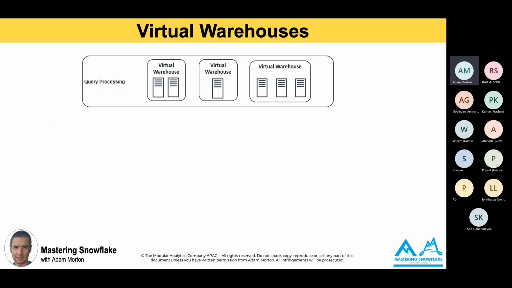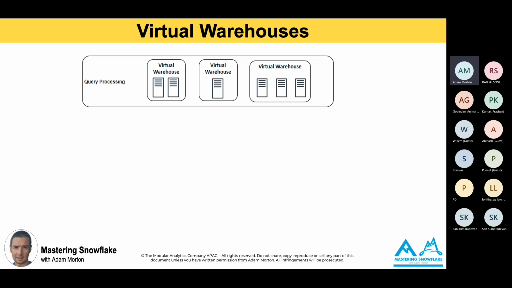Now remember, virtual warehouses are completely independent of storage. So any virtual warehouse can access any data that exists in your database storage layer. You can stop, start, delete, create virtual warehouses. It has no impact at all on the storage of data behind the scenes.